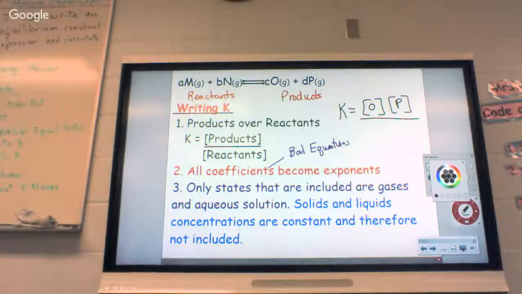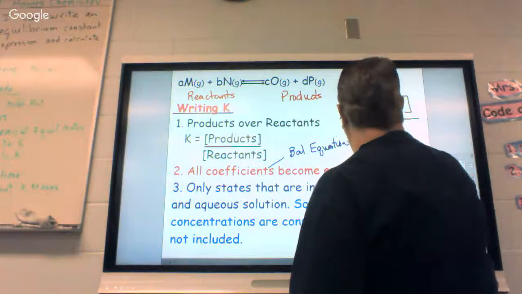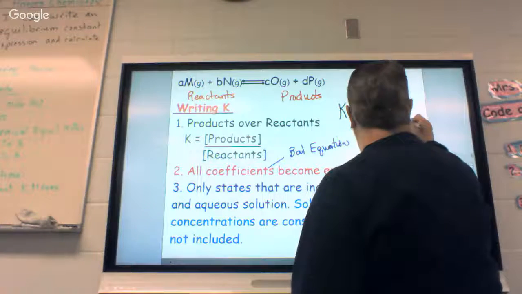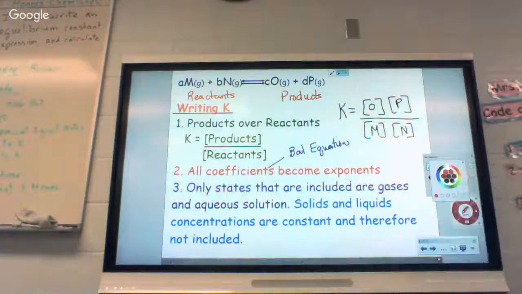Alright, so what are my reactions? Alright, M and N go on the bottom. Alright, now, next come the coefficients become exponents. So what coefficient is in front of O?